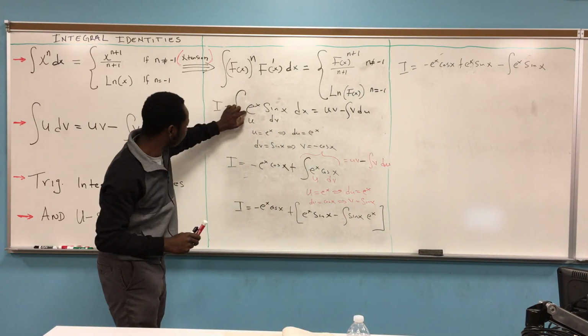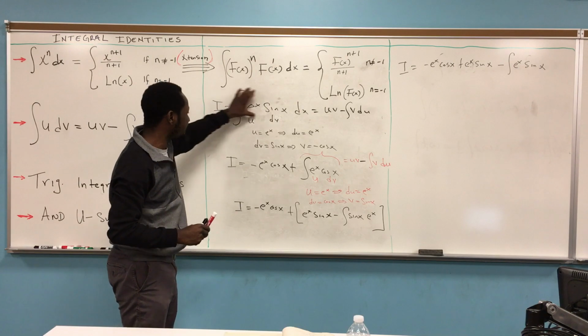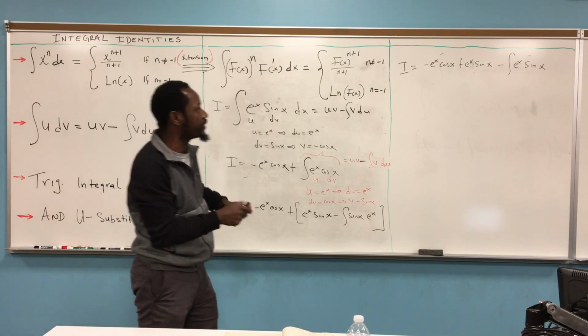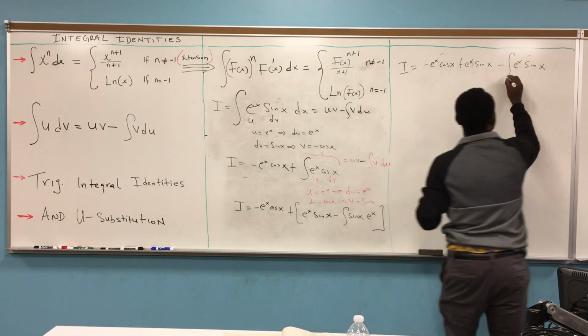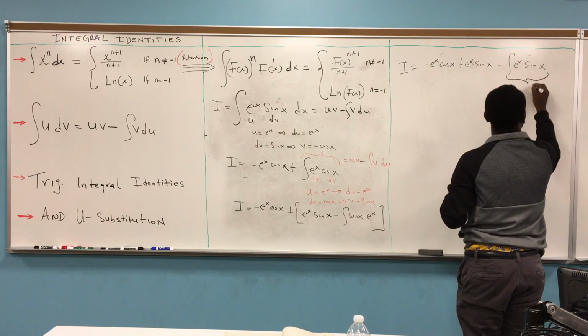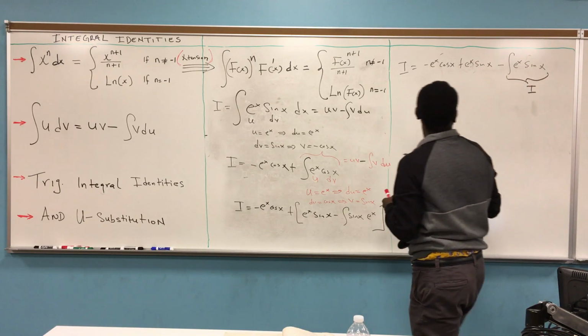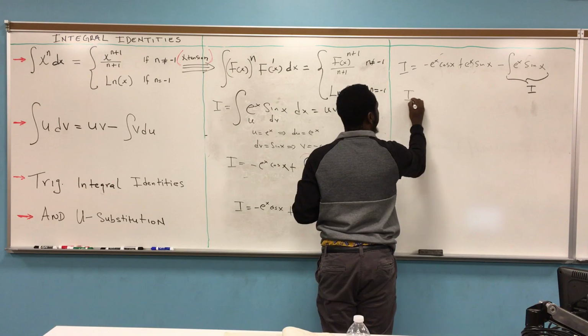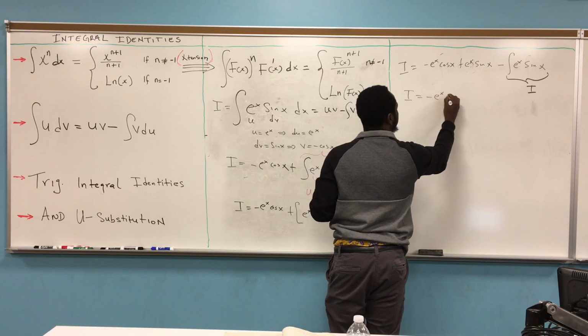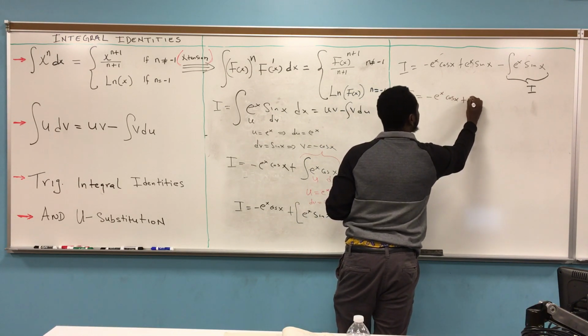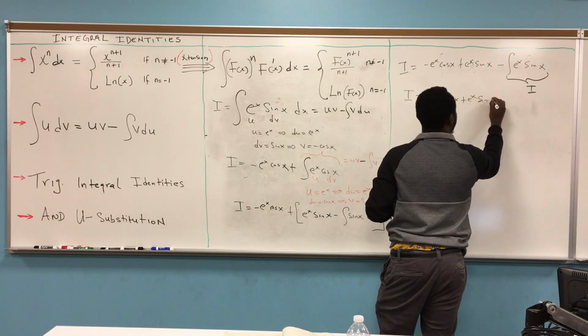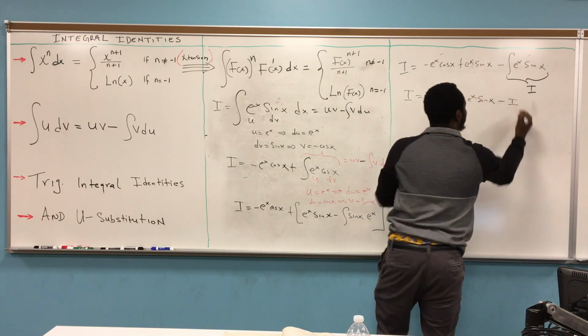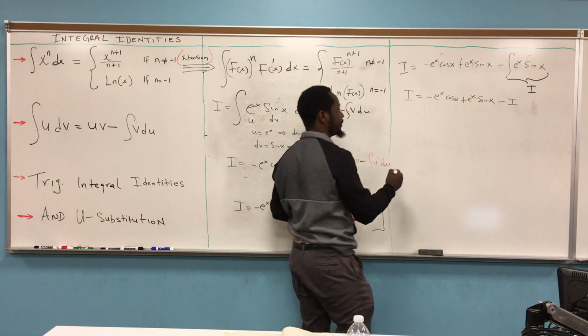I is e to the x sine x. That's what we want to evaluate, right? Look at it. It reappeared here. So we have I is equal to negative e to the x cosine x plus e to the x sine x minus I. So now you can factor it.